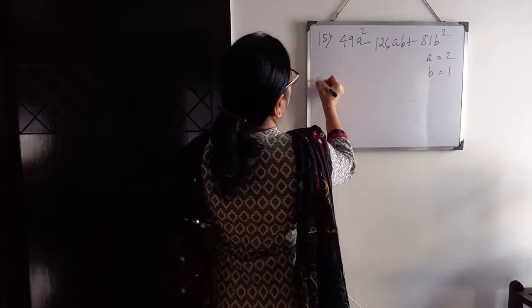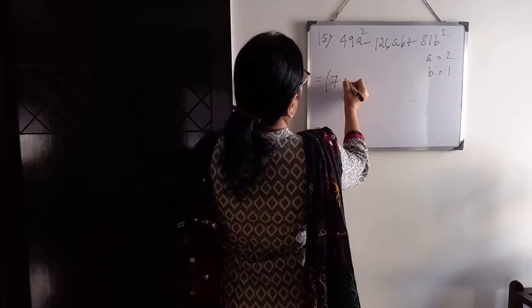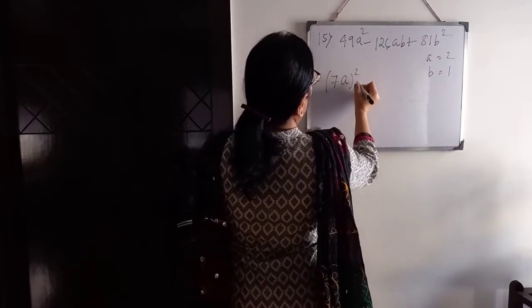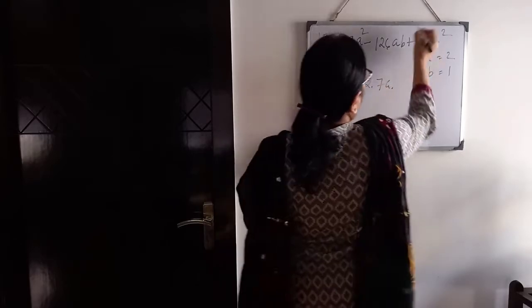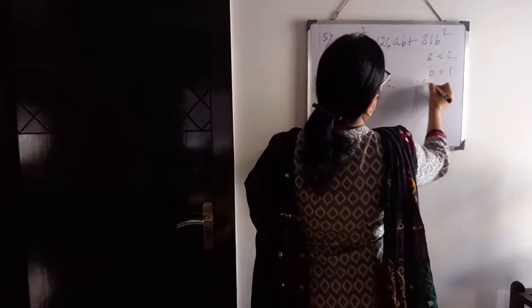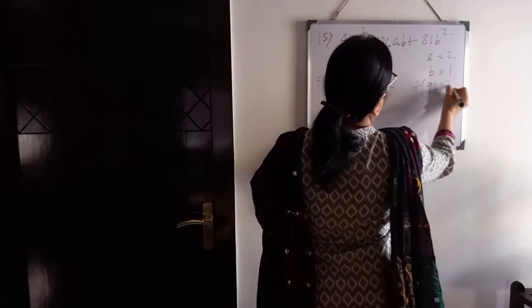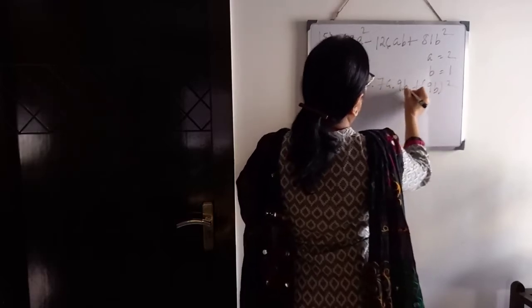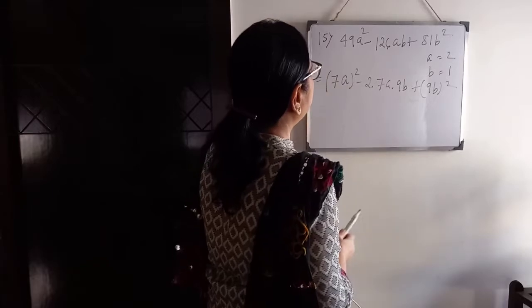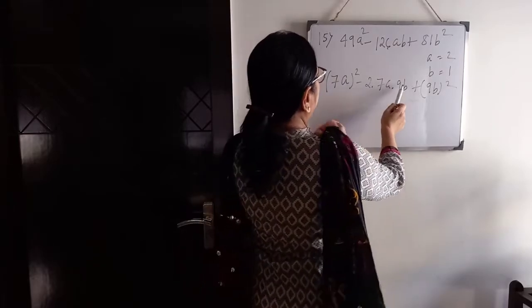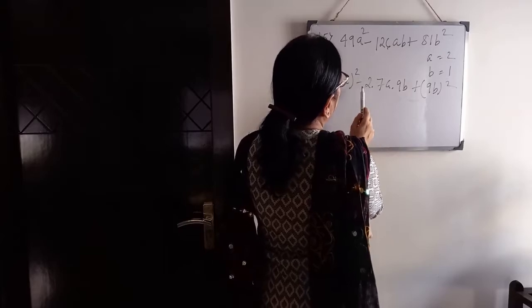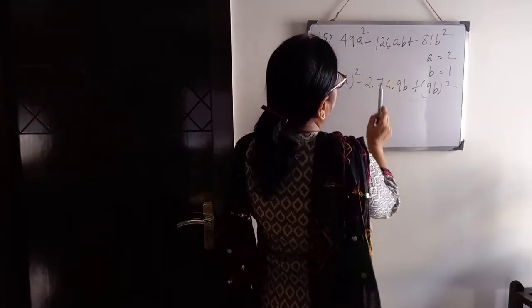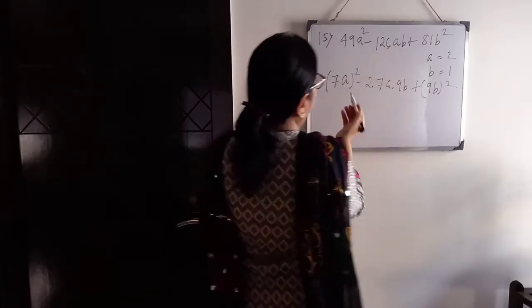Now 49, what can you write? 7 whole square. So 7a whole square minus 2 into 7a into, from the last term, 81, what can you write? 9b whole square. So there will be 9b. Now if you multiply, 7 nines are 63, 63 twos are 126. So the middle term is coming.